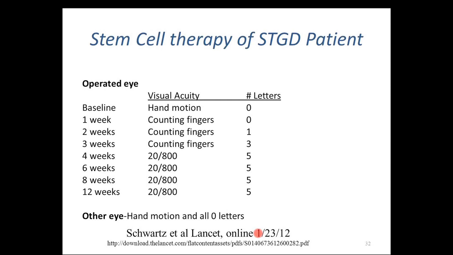I think we're quite a ways from attempting that with PXE, but obviously having a mouse model and even a fish model may potentially help us in developing and in improving those therapies.